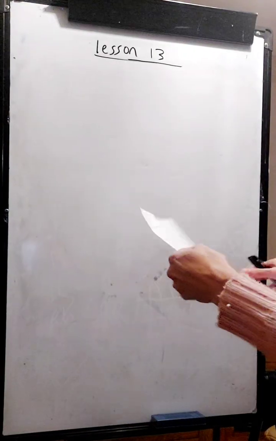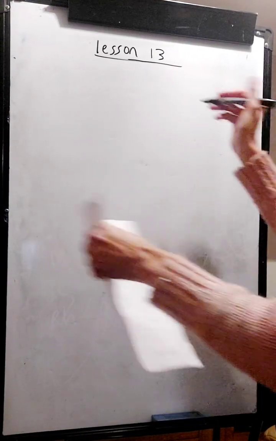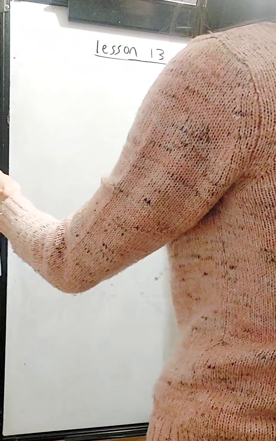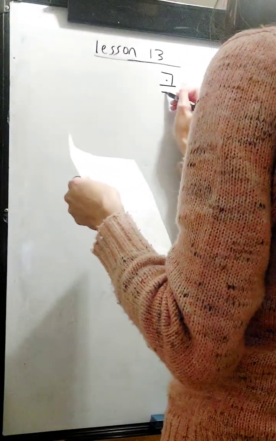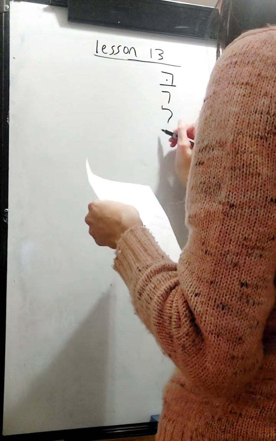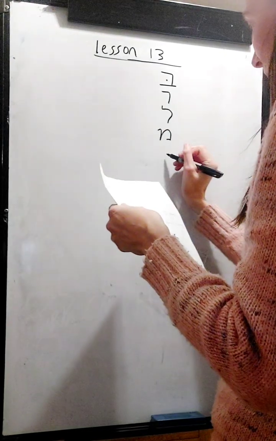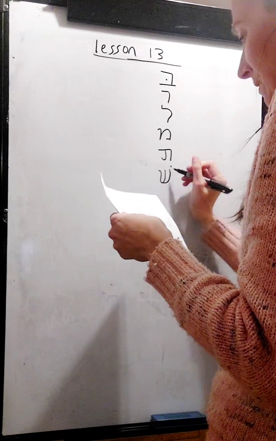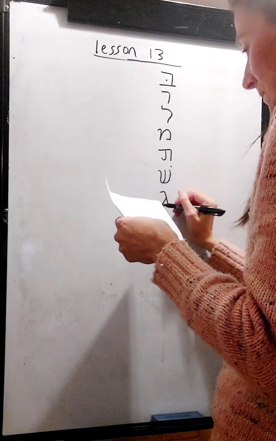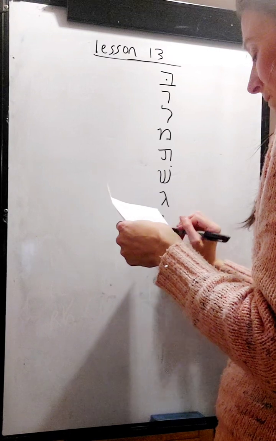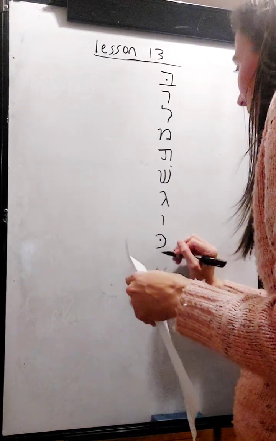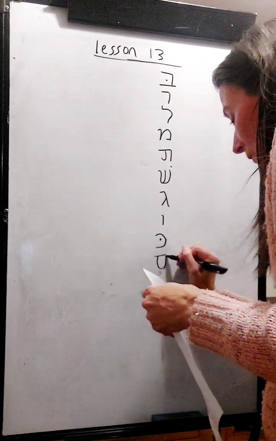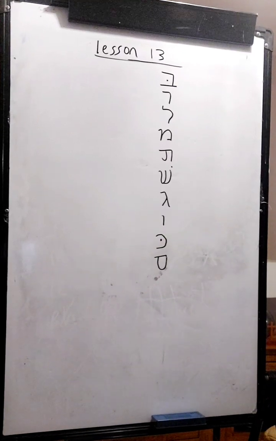I just want to do a recap now, guys, on the letters we've done so far. So I'm going to write them down quickly, just to see what you remember from the previous lessons. And obviously today's one's in it.